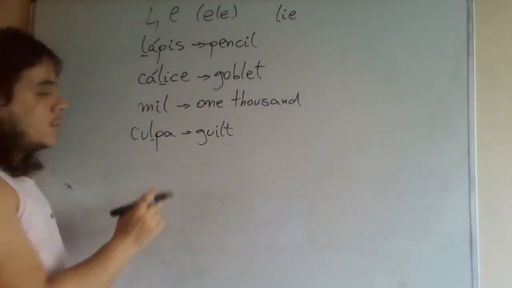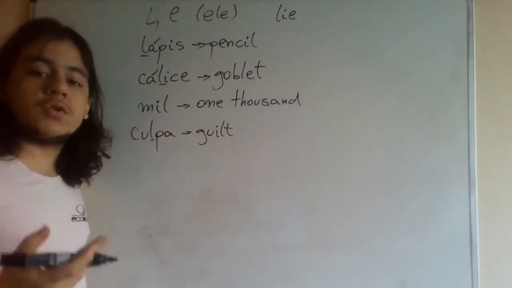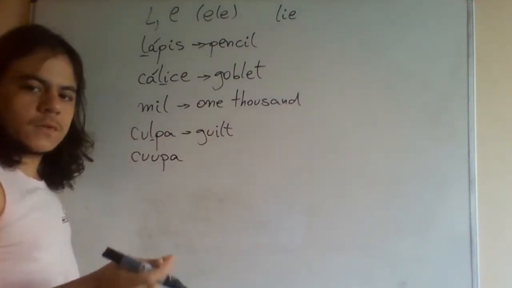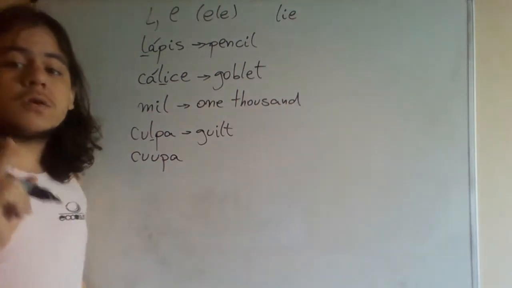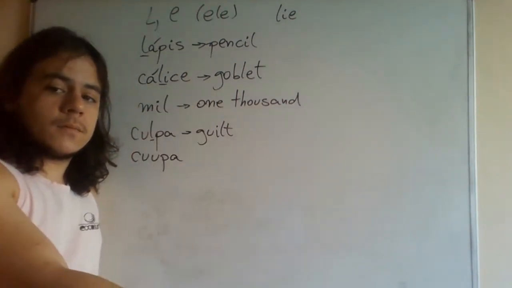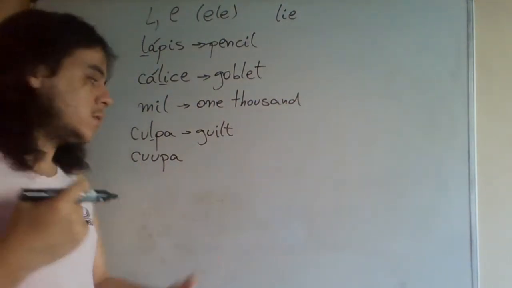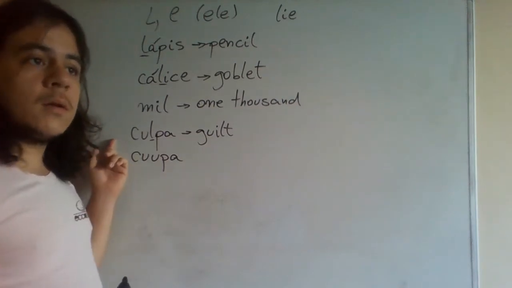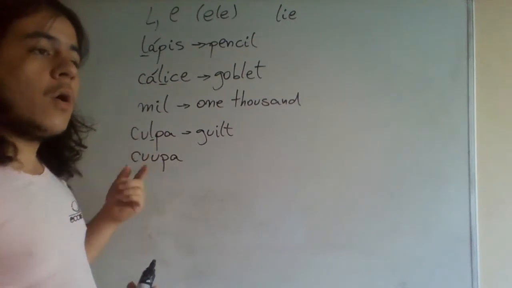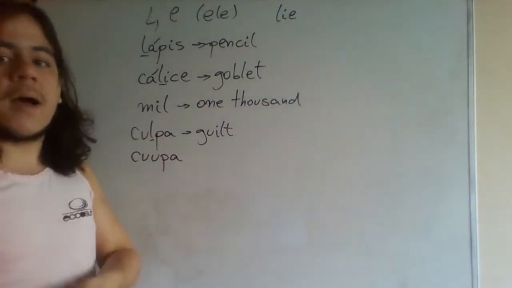You can say it with the L sound, it's not wrong, but it's not natural. Okay, we extend the sound of letter U. You can say culpa making the L sound, or in a more natural way, you can extend the U.